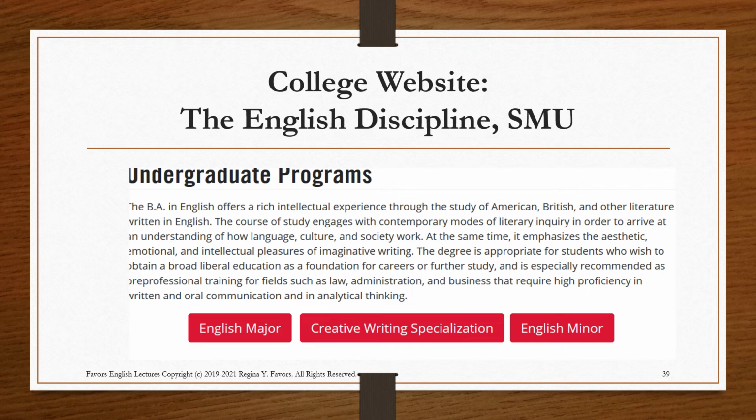But a broad liberal education is still a very good strategy, but that's why you need to look at the job announcement or the potential job announcement, because you need to focus your efforts. So if you're going to get a broad liberal education at the BA level, then you're going to need focus at the graduate level. That's why the law, the administration, the business will actually position you in a direction.